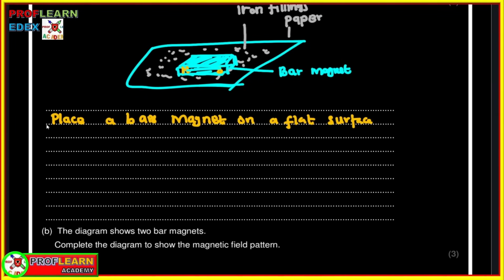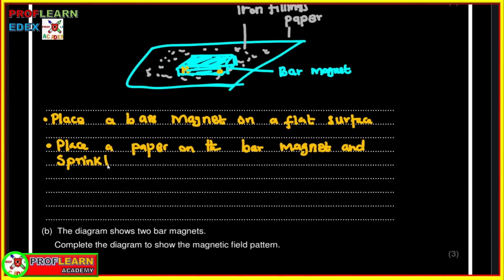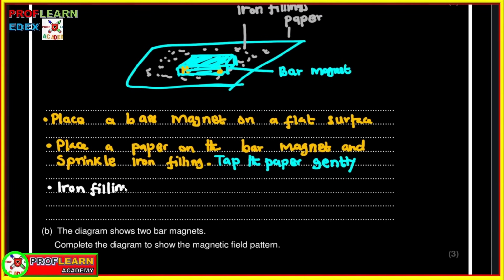The pattern of the iron filings is going to represent the magnetic field pattern, and we're going to determine the direction of the magnetic field using a plotting compass. So if you tap the paper, the iron filings are going to arrange themselves in a given pattern, and the pattern that we're talking about is going to represent the magnetic field pattern.